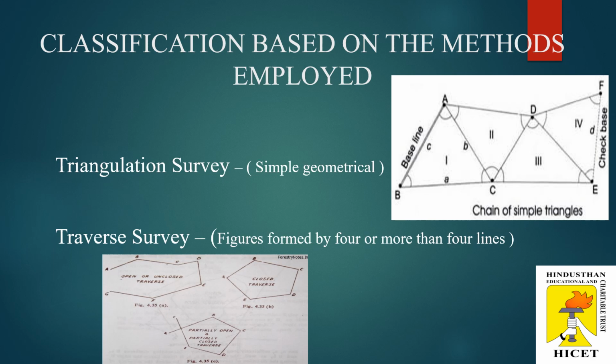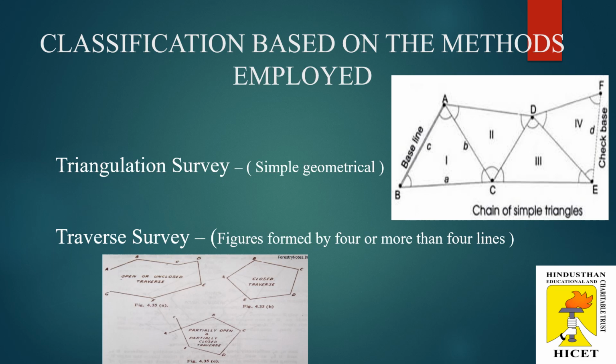As showing here, the entire area may be divided into more triangles, and observations are made with the help of instruments. So those kinds of surveys can be said to be a triangulation survey.